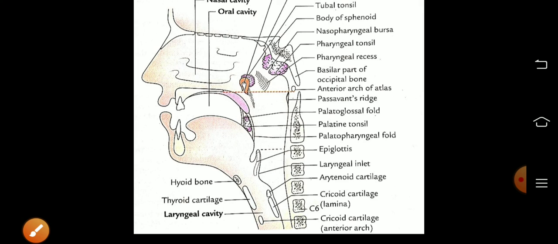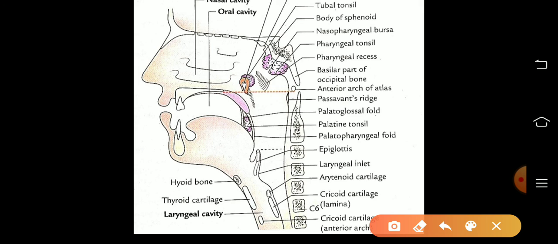Now, when you look at the features, it has some specific features in its lateral wall and anterior wall. In the anterior wall, the important feature is the laryngeal inlet. Then the cricoid cartilage, this part, and the arytenoid cartilage.